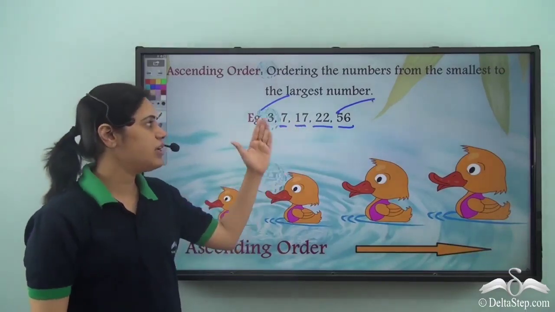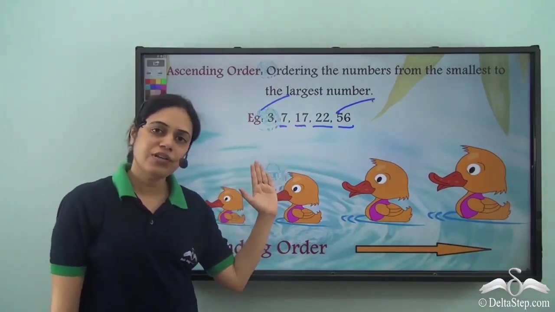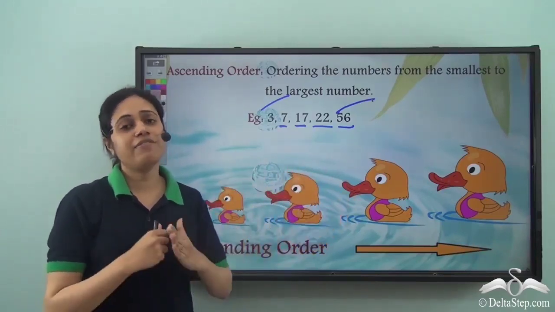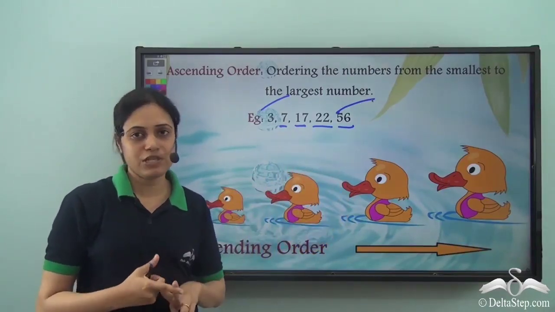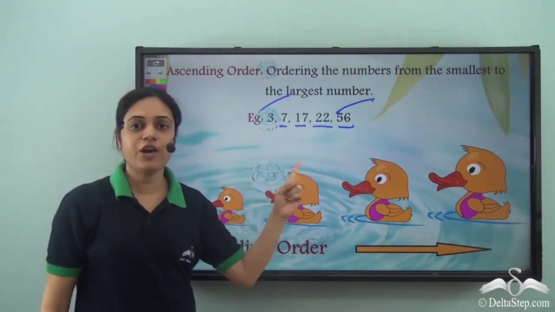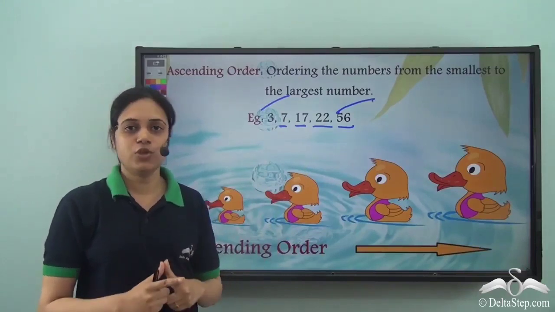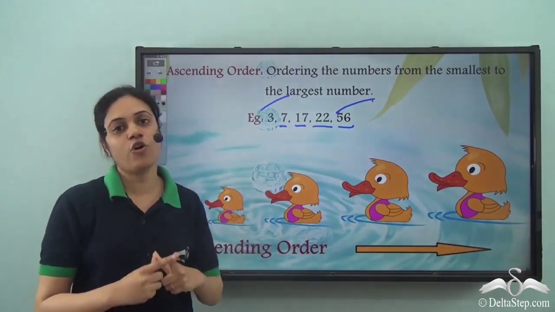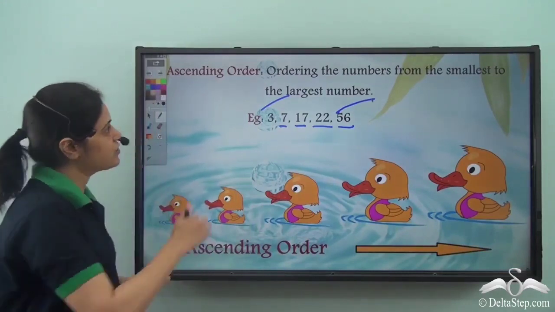That is the smaller number coming before the larger number. So we have learned how to compare two numbers before, but in this case we are arranging or ordering more than two numbers. In fact, over here we have arranged 5 numbers.